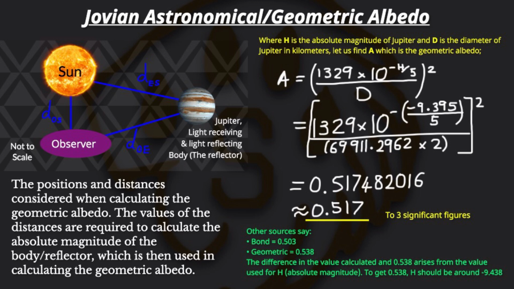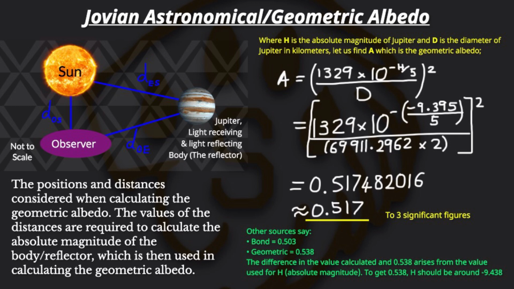So where there is E, just put J. Those distances are used to find the absolute magnitude, which is h. Yes, that's why we need those distances. We also need them because they affect the distance the light is going to travel, which determines the intensity. That is factored in when looking at reflection of the light and how the observer is going to interpret the effect of the light being reflected.